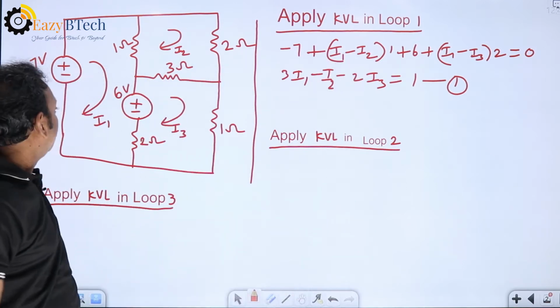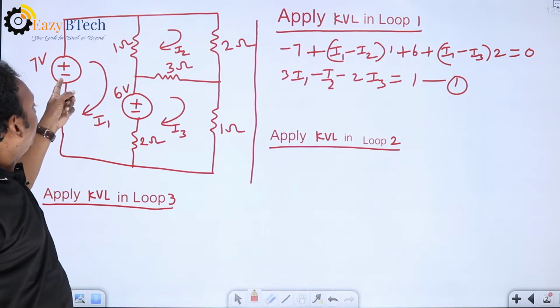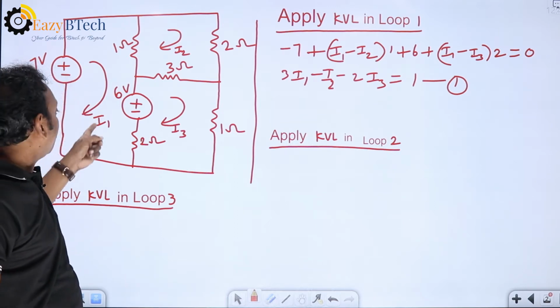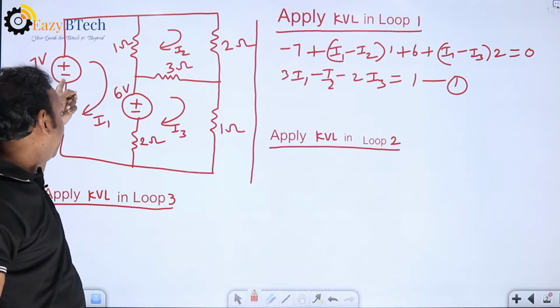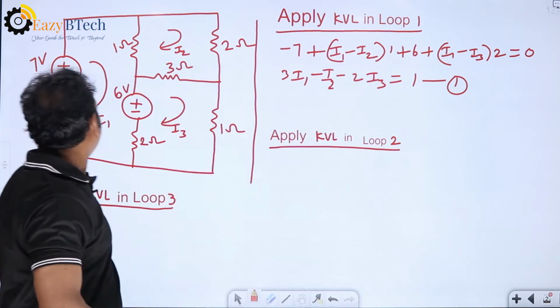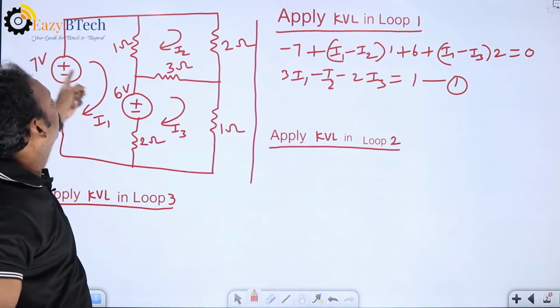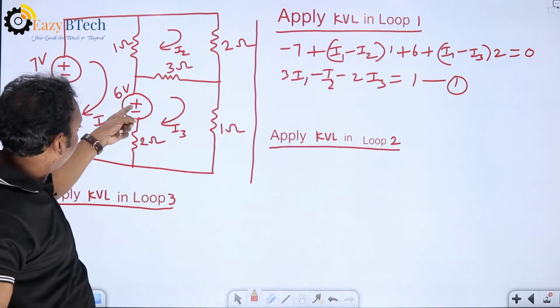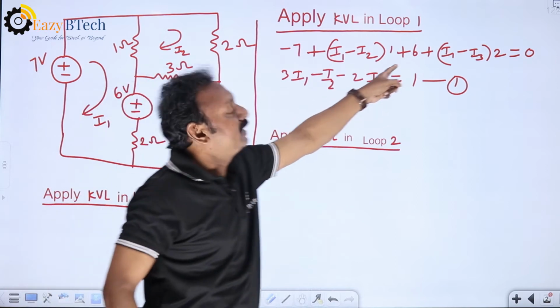Okay. Just apply KVL. When the voltage source is present, if the current is going from negative to positive, take negative. If the current is going from positive to negative, plus. So here minus 7 because current is going from negative to positive. Here current coming from the 6 volts, plus to minus, so plus 6.